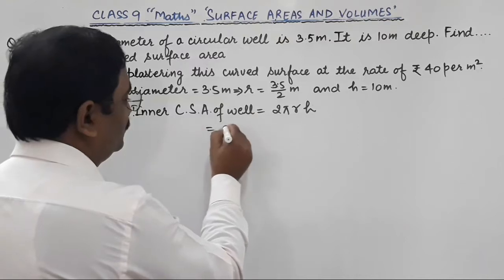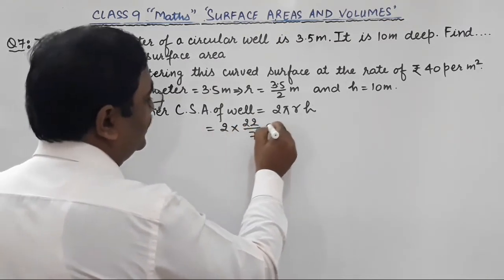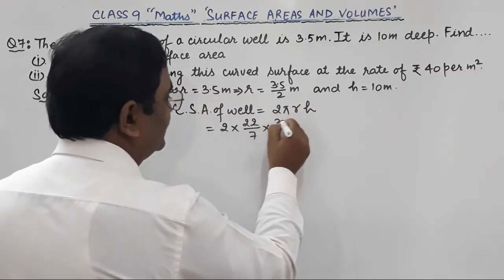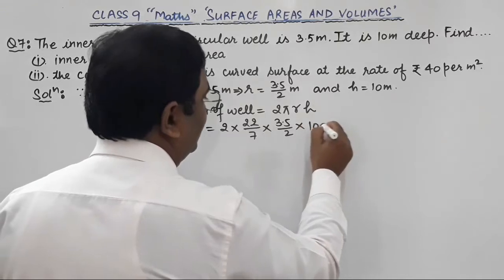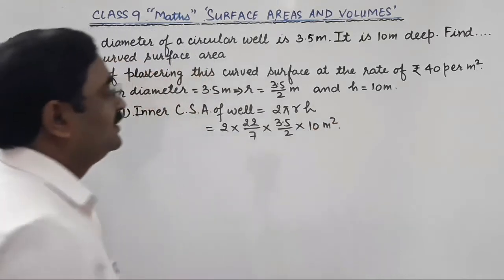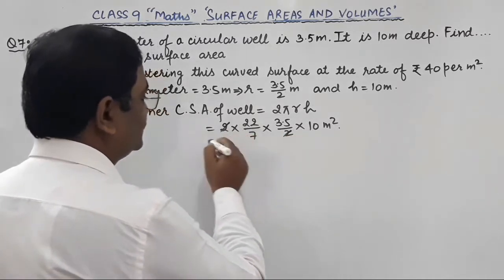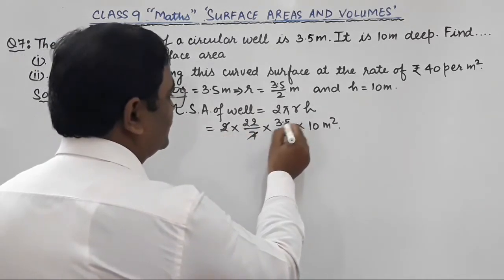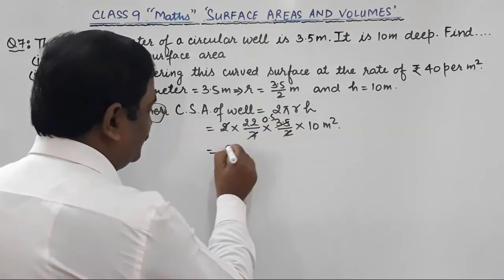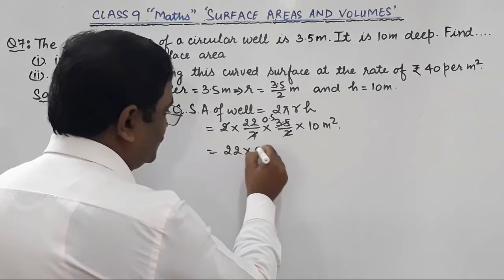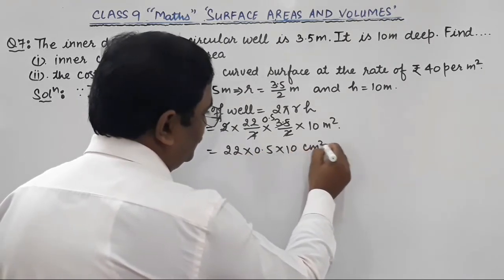Substitute the value: 2 pi is 22 upon 7, radius is 3.5 by 2, and height is 10 meters square. Let's simplify it. 2 is cancelled, 7 5s are 0.5, so we got 22 multiplied by 0.5 multiplied by 10 meters square.